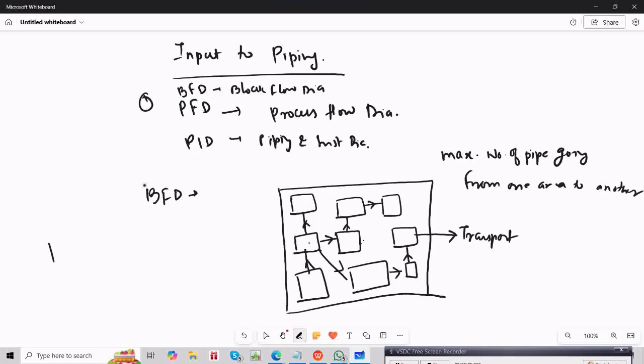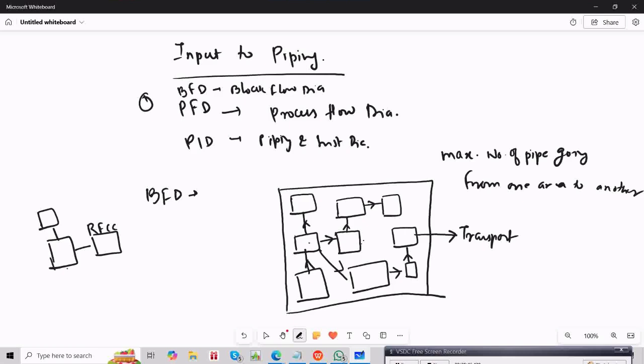For example, if this is a CD unit, and from the CD unit there are 200 lines, 100 lines are going to another unit called RFCC, and 50 lines are going to a utility area.